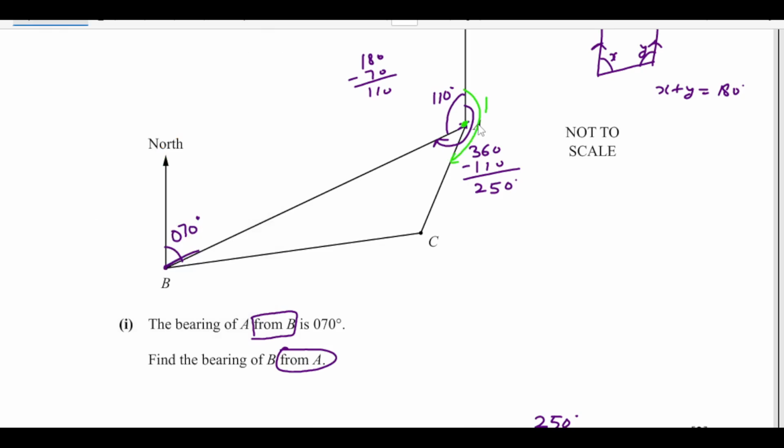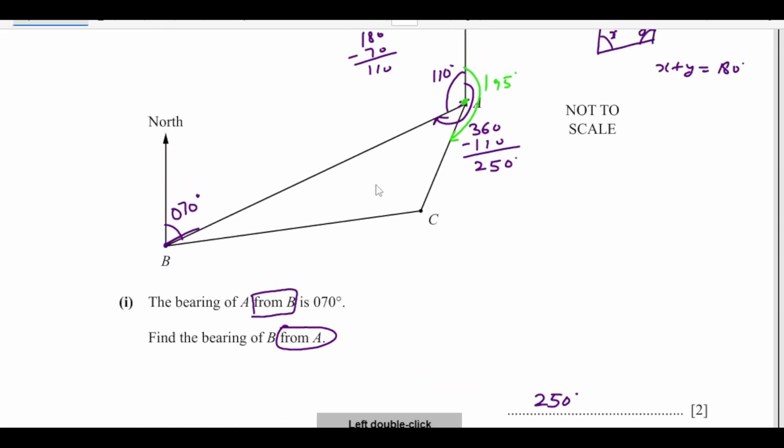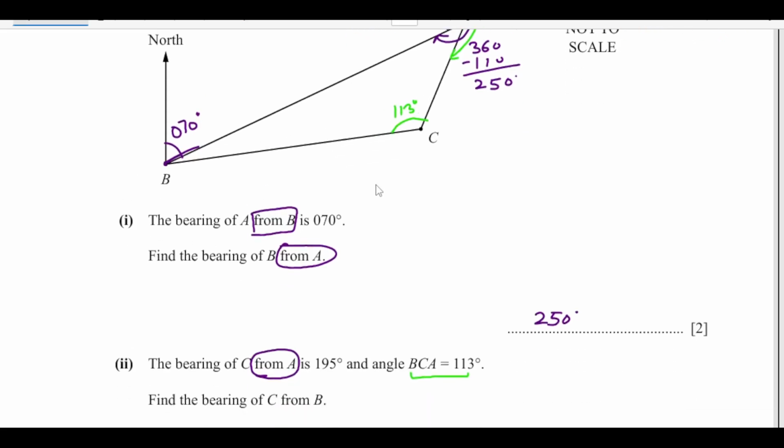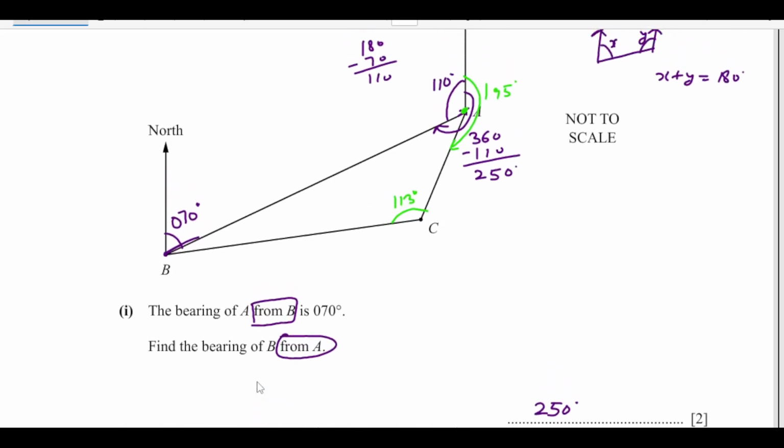So this angle is 195, right? This is given to us, 195, and angle BCA is 113, and then find the bearing of C from B.